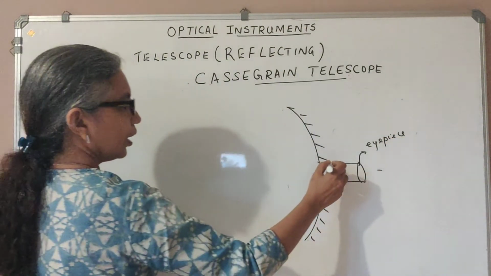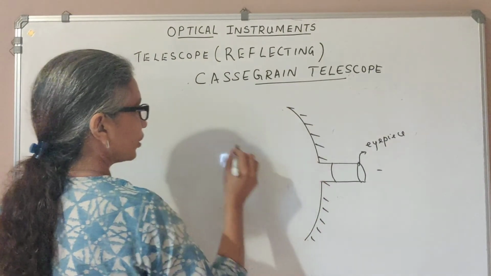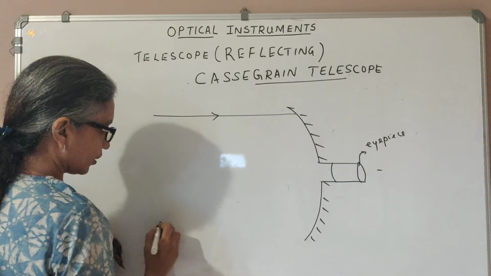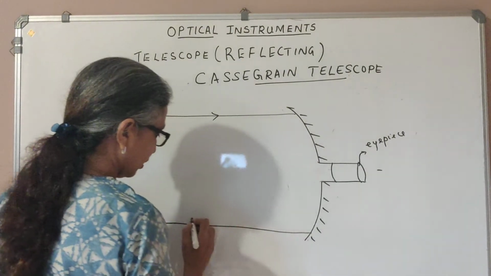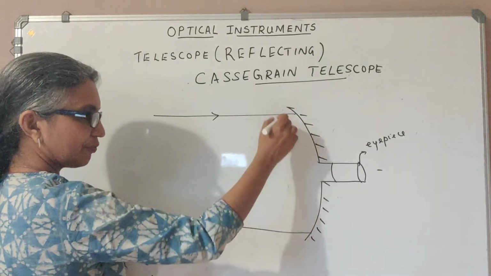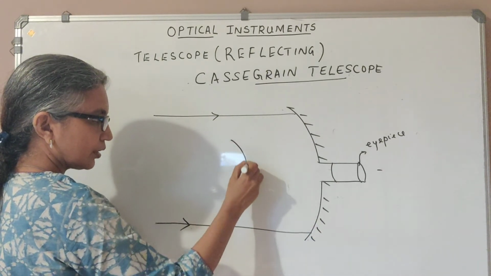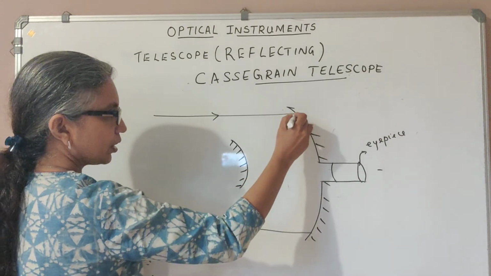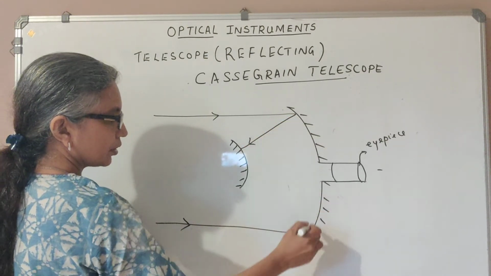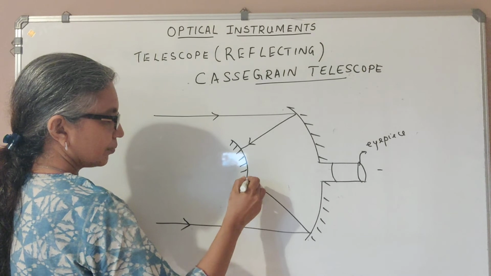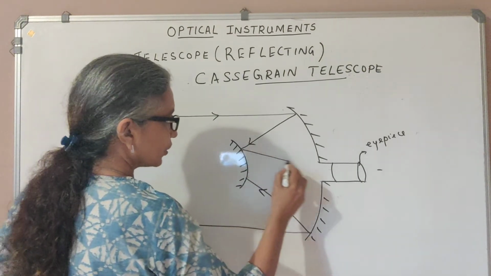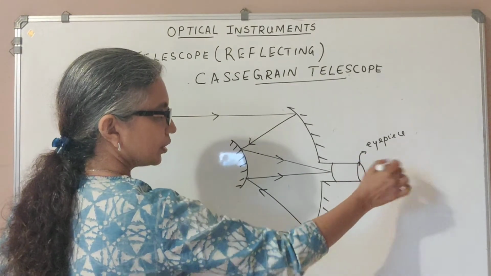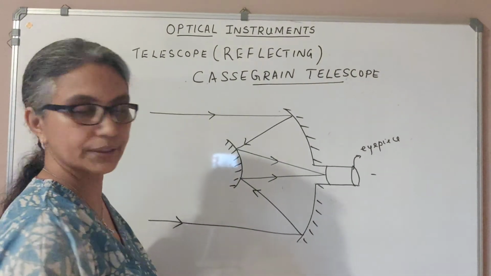Rays coming from infinity, from some distant star, which are parallel rays, will fall on this concave mirror. Then we have a second mirror here, which is a convex mirror. So these rays are reflected onto this convex mirror. From here they are reflected into the eyepiece, and you can see your final image through the eyepiece.